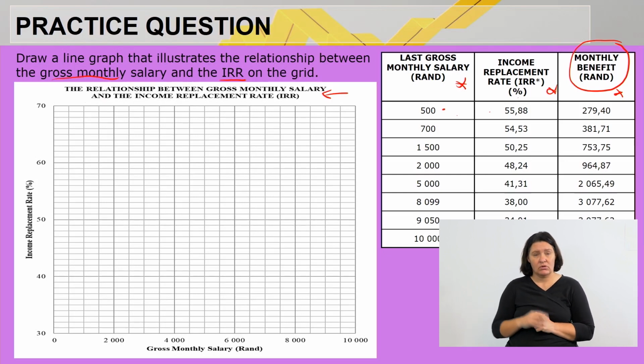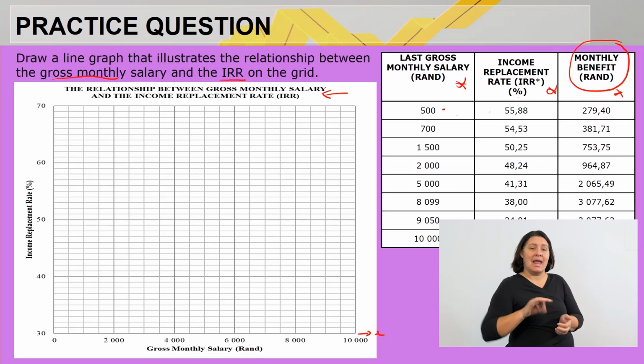Can you see the two variables I referred to? Then my horizontal axis, the x-axis, is labeled gross monthly salary in rand. Here on my vertical axis is my income replacement rate as a percentage.